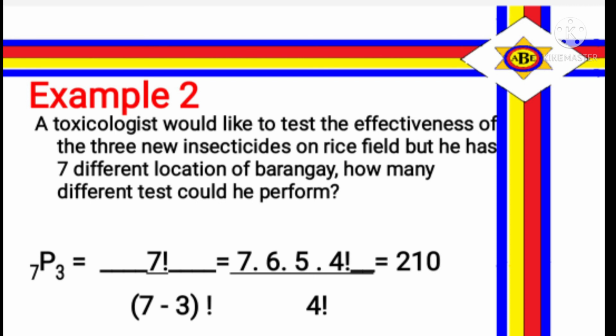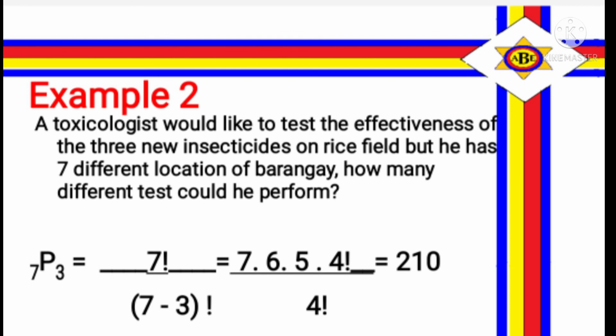Then we have 7 factorial over (7 minus 3) factorial. Upon expanding, we have 7 times 6 times 5 times 4 factorial over 4 factorial. So we cancel the 4 factorial. So we multiply 7 times 6 times 5, and that is 210.